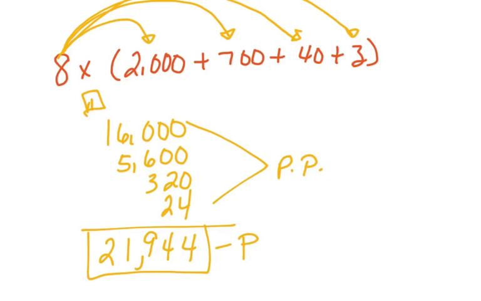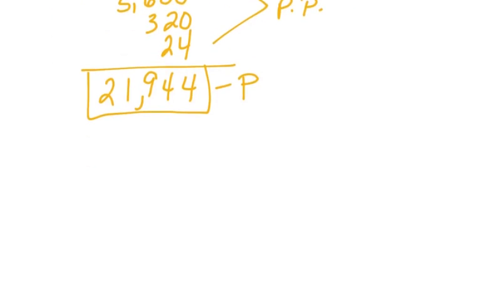Now, what I'm going to do is the exact same thing, except I'm going to do it not with all of the arrows, because some of y'all will prefer to do it the other way, and some of y'all might prefer to do it the way I just did it. Doesn't matter. So now 8 times 2,743, thousands, hundreds, tens, ones.